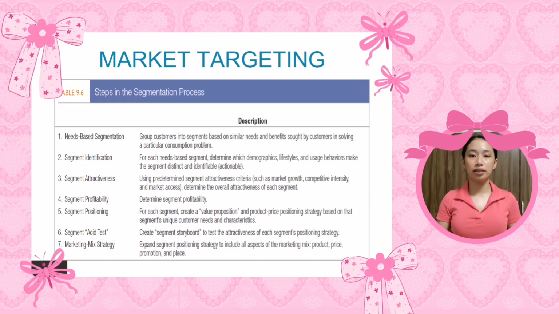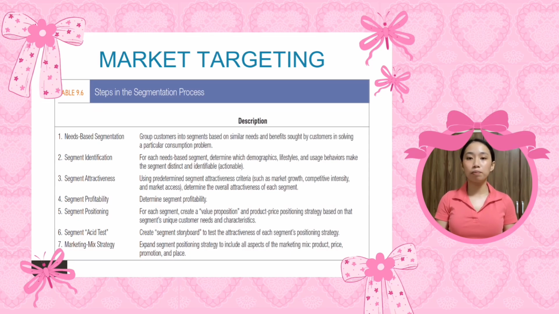Let's go over the steps in the segmentation process. First is need-based segmentation. These are groups of customers based on similar needs and benefits. Second, segmentation identification. Determine the demographic, lifestyle, and behaviors that define each segment. Third, segment attractiveness. Assess factors like market growth and competition to evaluate each segment's potential.